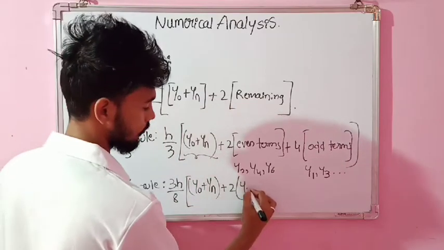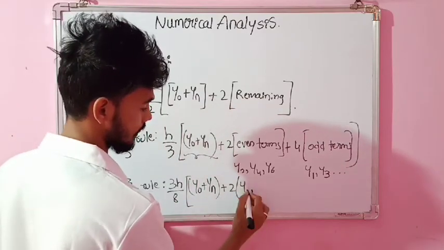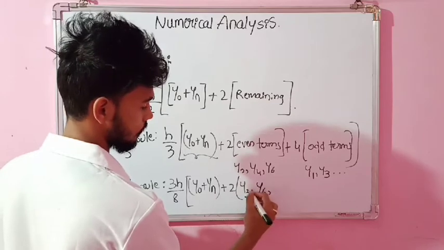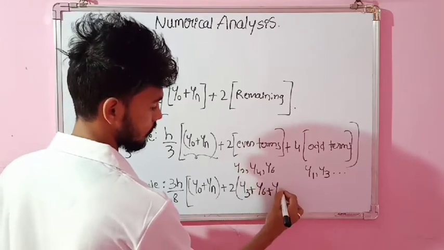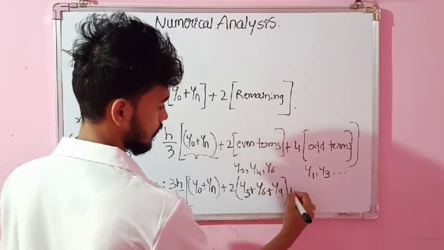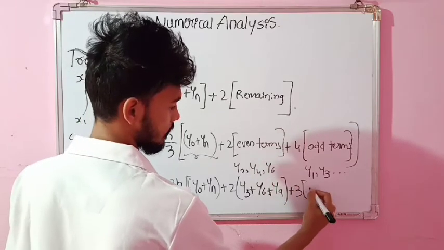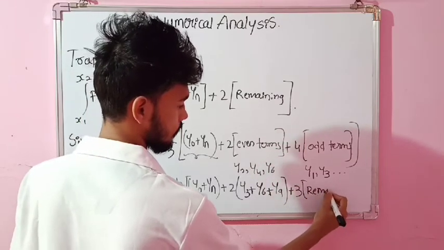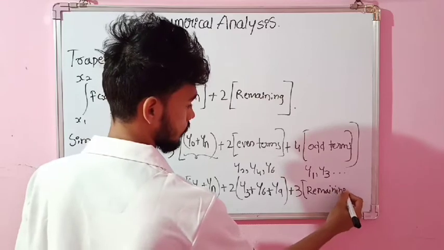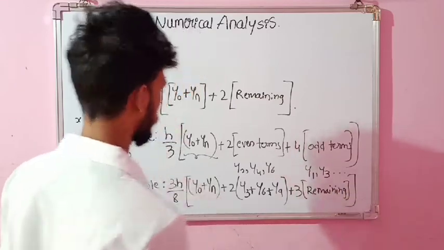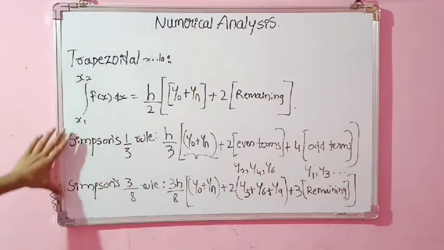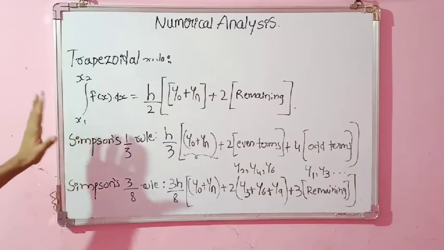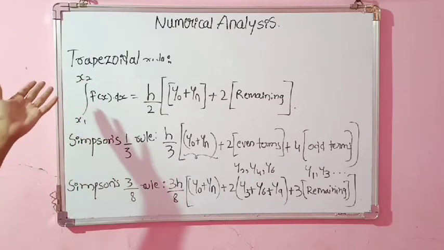So y3, y6, y9 and so on. Plus 3 times the remaining terms. So these three are the numerical methods to find the exact value of a given definite integral.